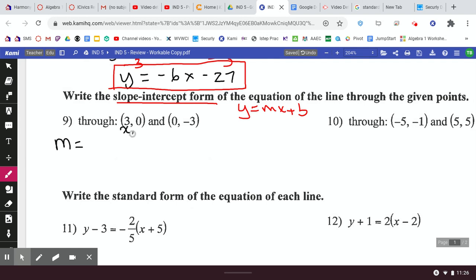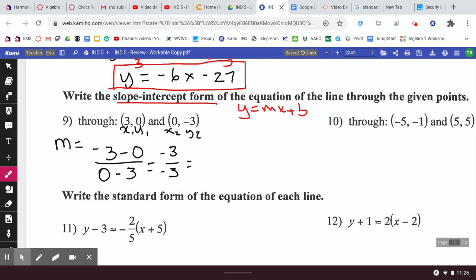And we've got our x1, our y1, our x2, and our y2. So we're going to start plugging everything in. Y2 is negative 3 minus 0, which is our y1. X2 is 0 minus our x1, which is 3. Well, negative 3 minus 0 is negative 3. And 0 minus 3 is negative 3.